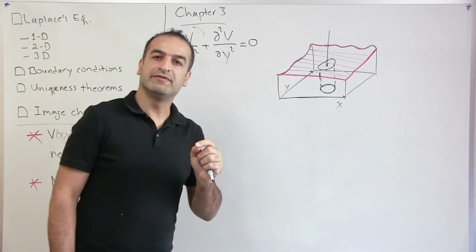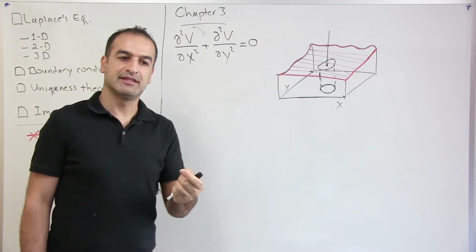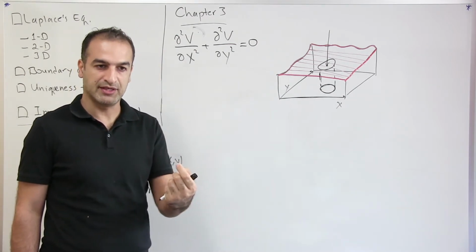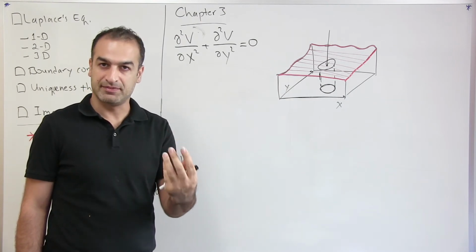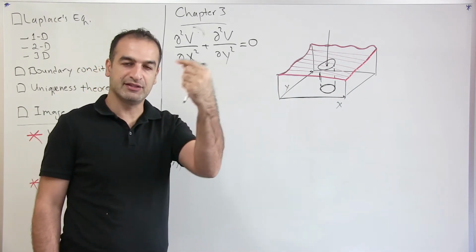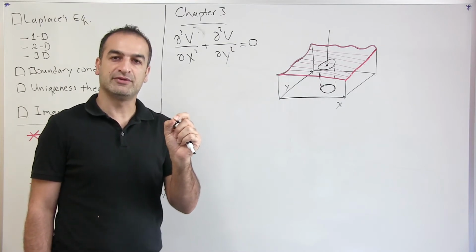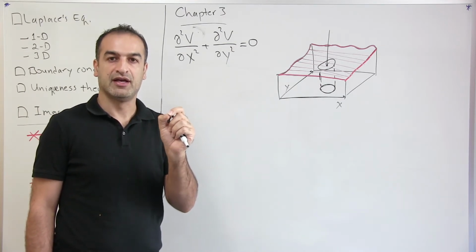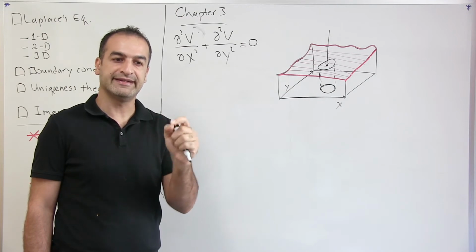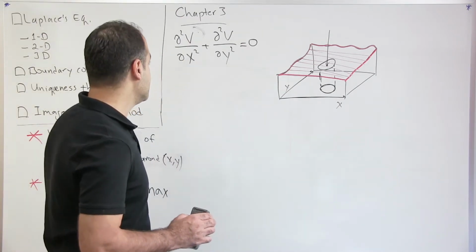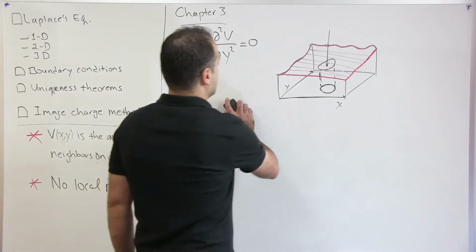I'm going to prove that mathematically, considering that we have electric potential created by a point charge, and that follows Laplace's equation. I'm going to mathematically show that the electric potential at the center should be equal to the average of the electric potential on the surface of a sphere that surrounds that point. So let's look into that.